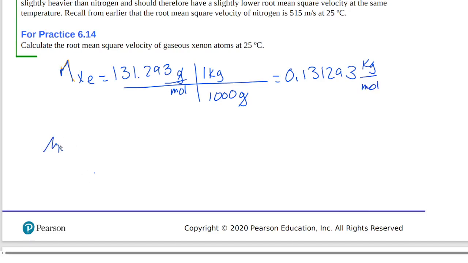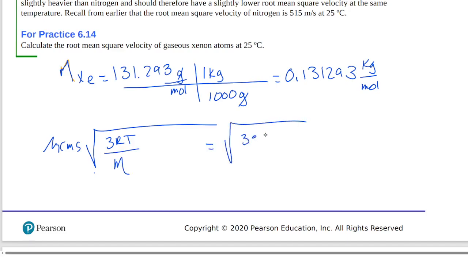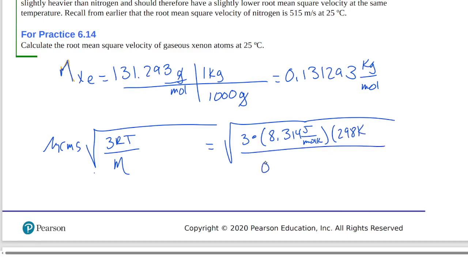So the root mean square velocity, that's nu RMS, is equal to the square root of 3RT over the molar mass in kilograms per mole, and that gives us the square root of 3 times R in energy units, 8.314 joules per mole Kelvin times 298 Kelvin divided by 0.131293 kilograms per mole.